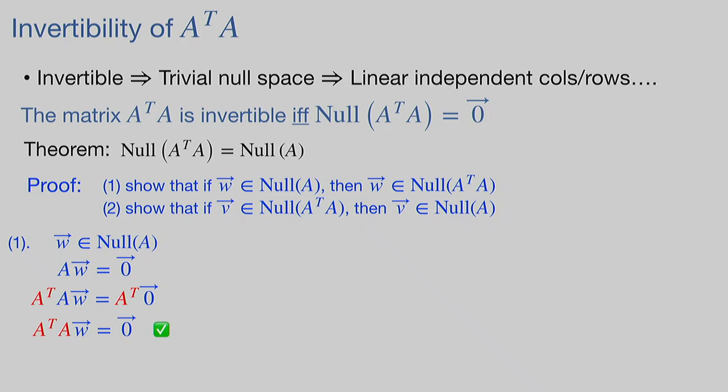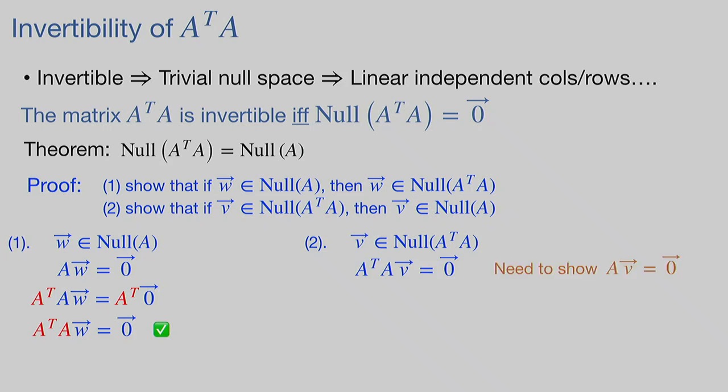Now we need to show the opposite. The opposite is a little bit more tricky, because there we know that V is in the null space of A transpose A. That means that A transpose A times V equals 0, right? That's what it means.